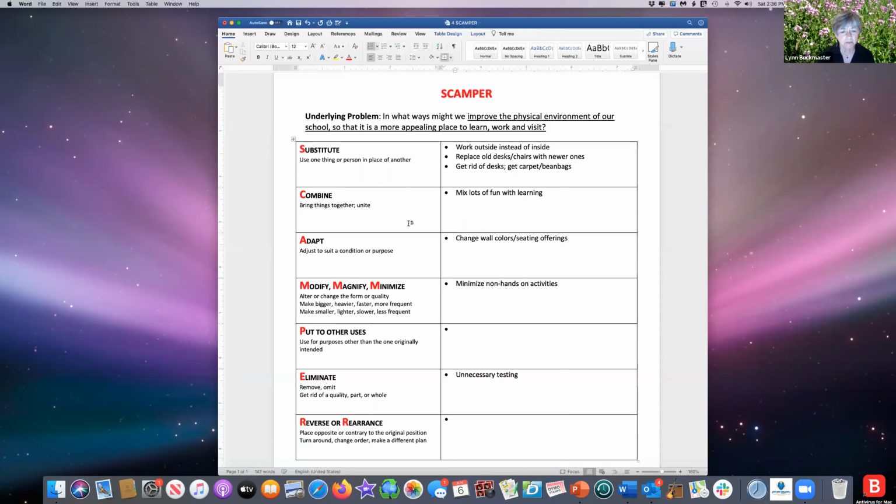What was that one? Combine? Lunch and recess together. Adapt, add interesting things in the classroom. Fish tanks, colors, posters. Maximize, make it a bigger place.